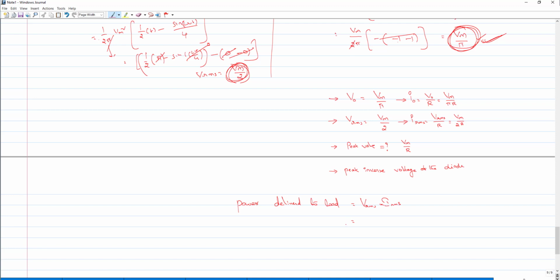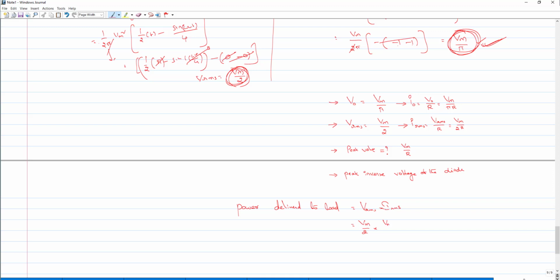Vrms is how much? Vm by 2. Irms is how much? Irms is equal to Vm by 2R. That is equal to how much? Vm square by 4R. So this is the amount of power that is delivered to the load.